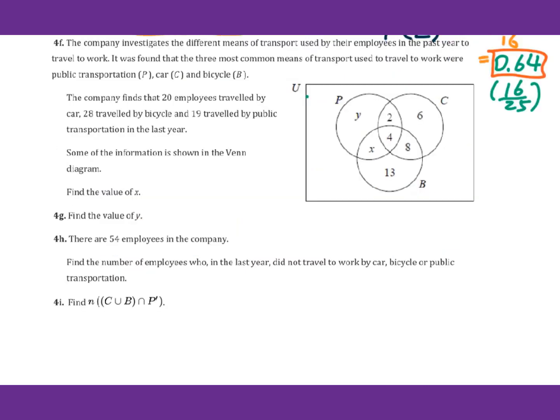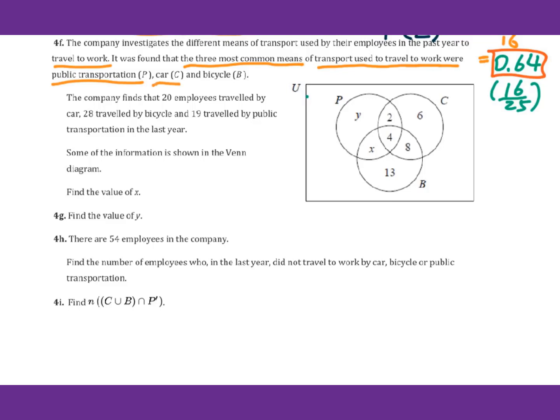Let's go to 4F. The company investigates the different means of transport used by their employees in the past year to travel to work. It was found that the 3 most common means of transport used to travel to work were public transportation, we use P to stand for that, car, and bicycle.